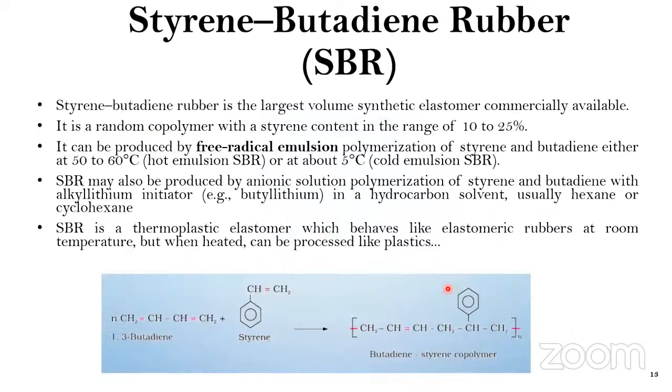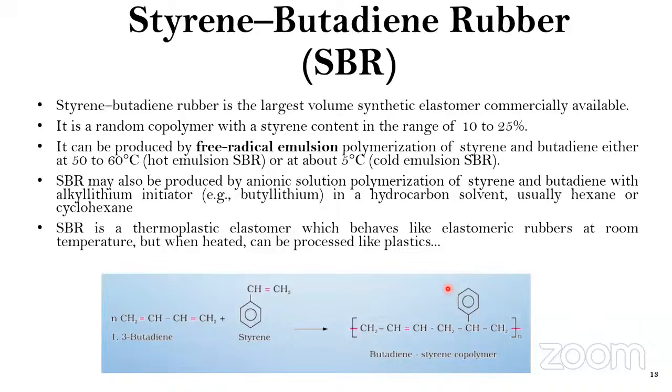Right now we will study what I have already taught you in vinyl polymers, styrene, which is known as polystyrene. But I would like to introduce a few copolymers, because in your syllabus you have styrene also.